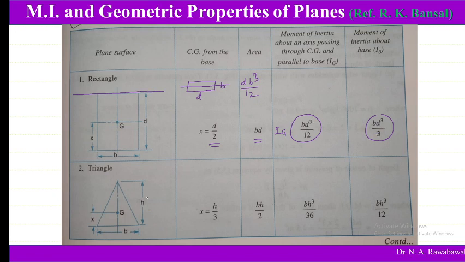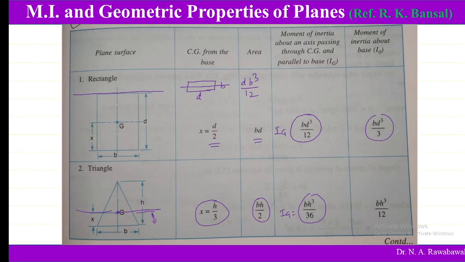Similarly, for a triangle having base width B and height h, the center of gravity is located at h by 3 distance from the base. The area is BH divided by 2, and the moment of inertia about the axis passing through center of gravity, about this line, is Ig equal to BH cube divided by 36.